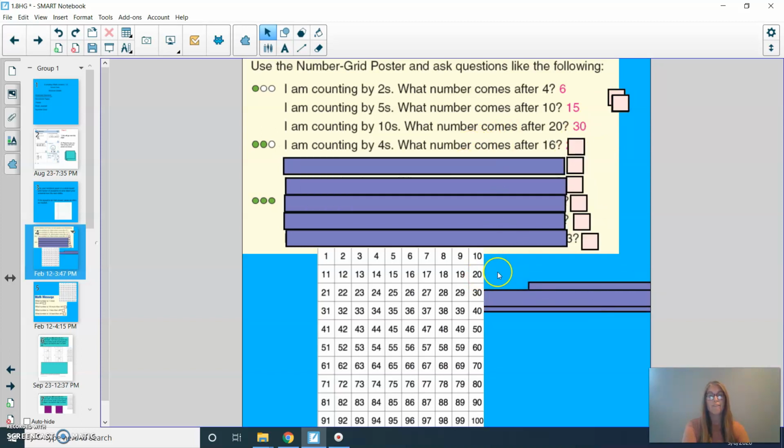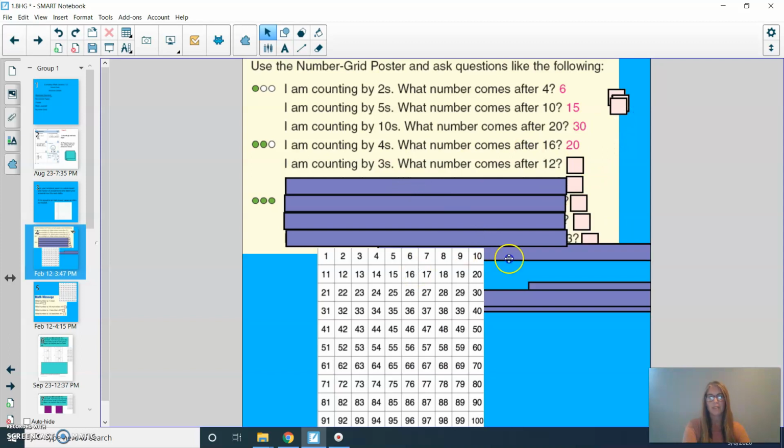I'm counting by 4s this time. What comes after 16? I was at 4, and then I went to 8, 12, 16, then it would be 20. I'm counting by 3s. What number comes after 12?